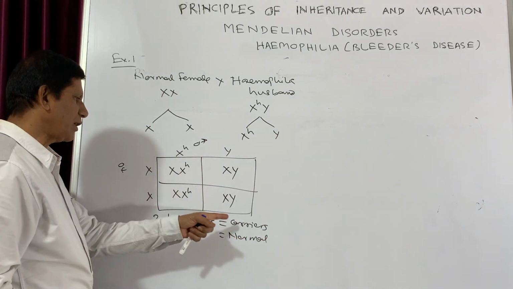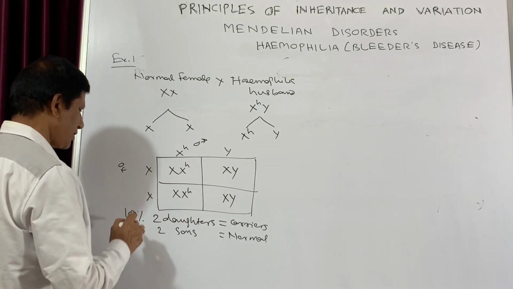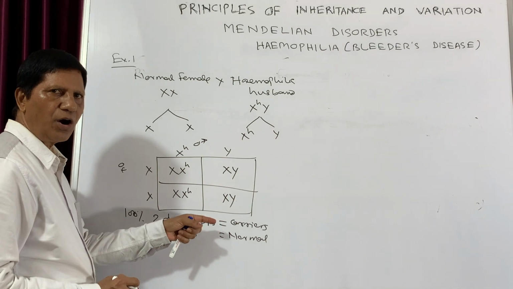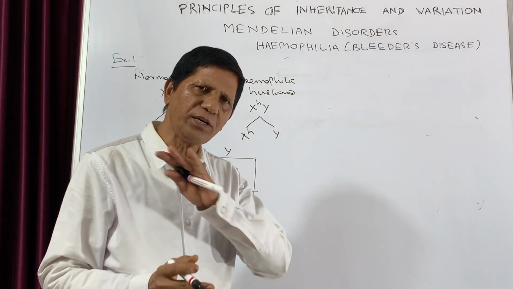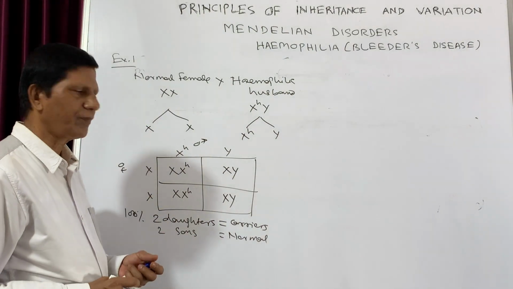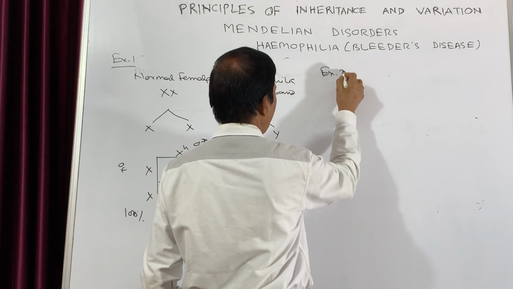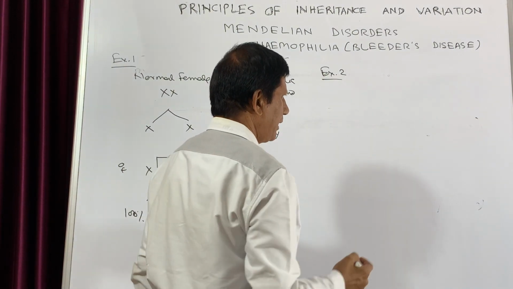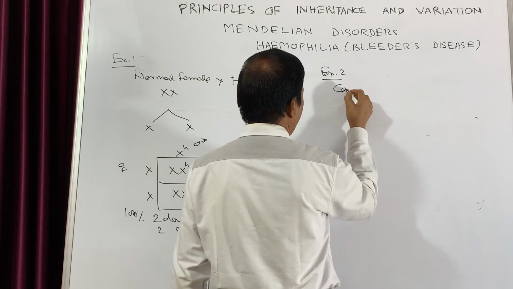That means 100% of the daughters are carriers, or we can say 50% of the children are carriers, while all the sons are normal. Now let us take the second example. In example number 2, let us take a carrier woman.